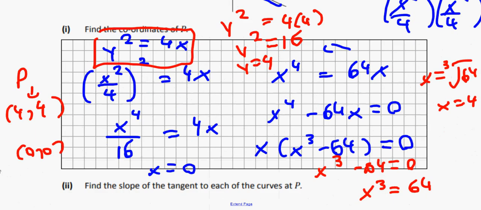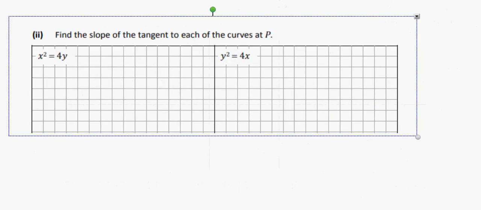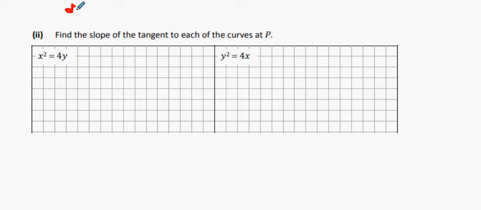Find the slope of the tangent to each of the curves at P. Oof. Now this is generally speaking differentiation. Okay, so we're going to differentiate. Remember, the derivative, dy/dx, is the slope. Okay, every time dy/dx is the slope. So the first one's easy. We rearrange this to 4y equals x squared, y equals x squared over 4.